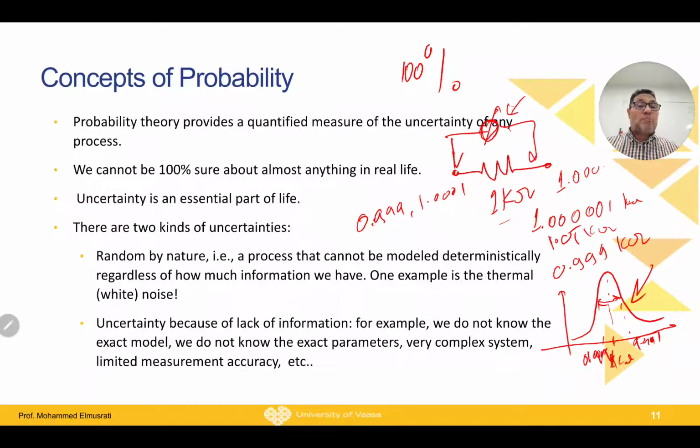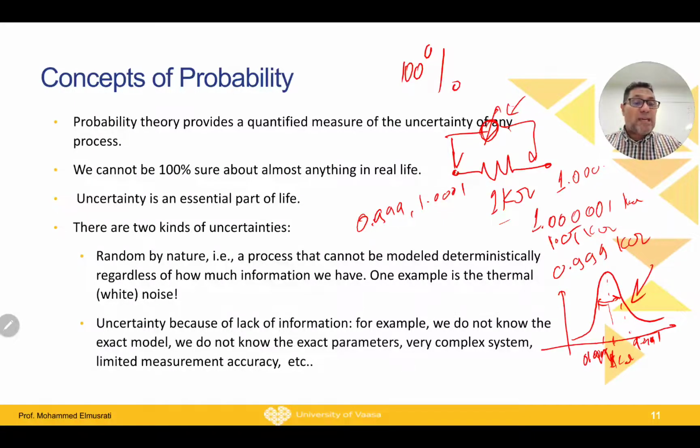We cannot be 100% sure. We can be, as I said before, 99.999%, but we'll never be 100% sure about anything. Because of that, we have lack of information or lack of knowledge. This lack of knowledge is usually represented with probability theory.